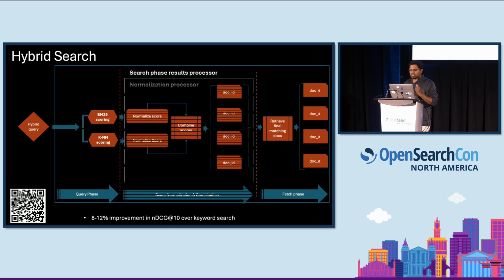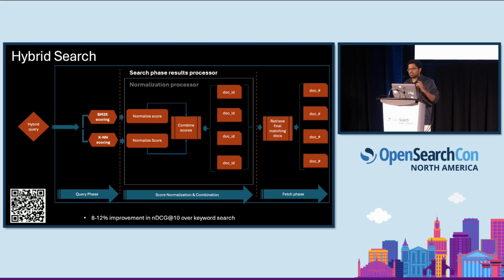And hybrid search introduced a new processor called the normalization processor. This normalization processor gets in between the query phase and the fetch phase. So once you get the results from the shards, the normalization processor would do the normalization and the score combination.